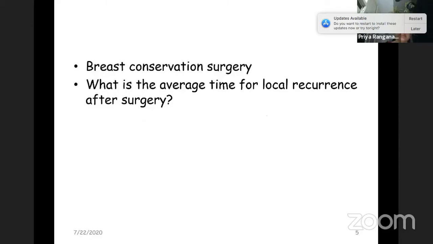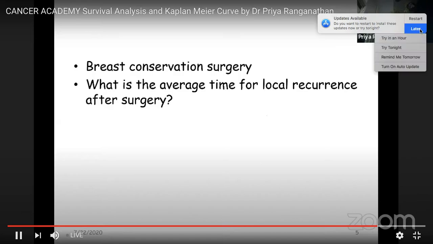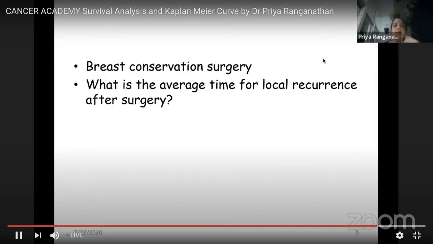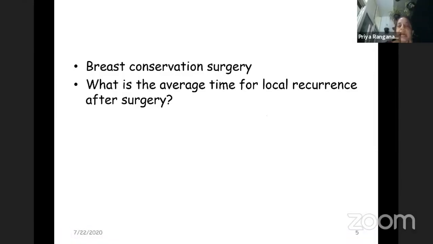Let's go with a hypothetical research study. All the numbers are made up by me. They do not represent true numbers. So you're doing a study on breast conservation surgery, and you want to see what is the average time for local recurrence after surgery.